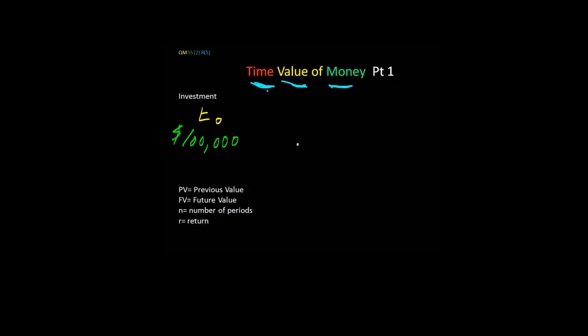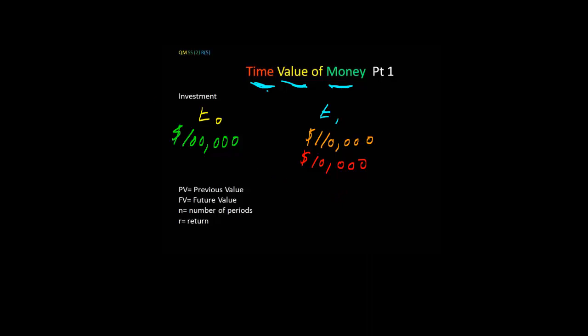Now, at T1, which is after one period, the investment is now $110,000. So how much did we make? What is our profitability? It's $10,000. So it's a gain or some kind of a profit or an increase in value.